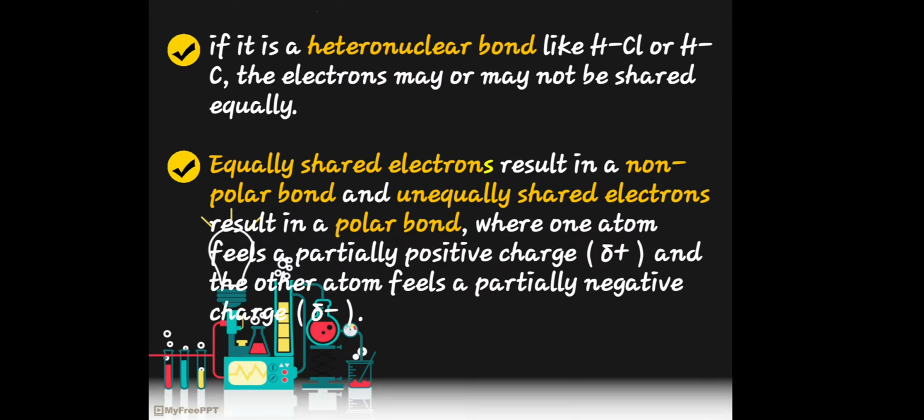Ito na nga yung sinasabi ko in my discussion in the previous slide. If it is a heteronuclear bond, like for example hydrogen and chlorine or hydrogen and carbon, the electrons may or may not be shared equally. Meaning to say, the hydrogen is not the same element as the chlorine, right? The hydrogen is not the same element as the carbon. So it is called a heteronuclear bond.